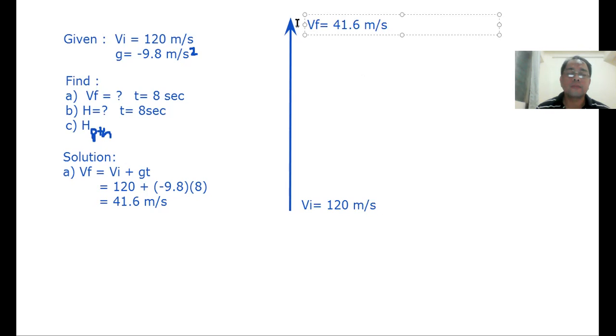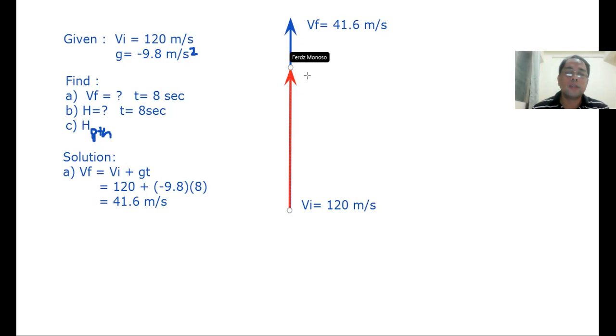If we try to find a value here, for example 7 seconds, then the object will probably just reach this point. This is the height with which the object travels for 7 seconds. And probably the object is much faster here compared to its velocity at the higher point.